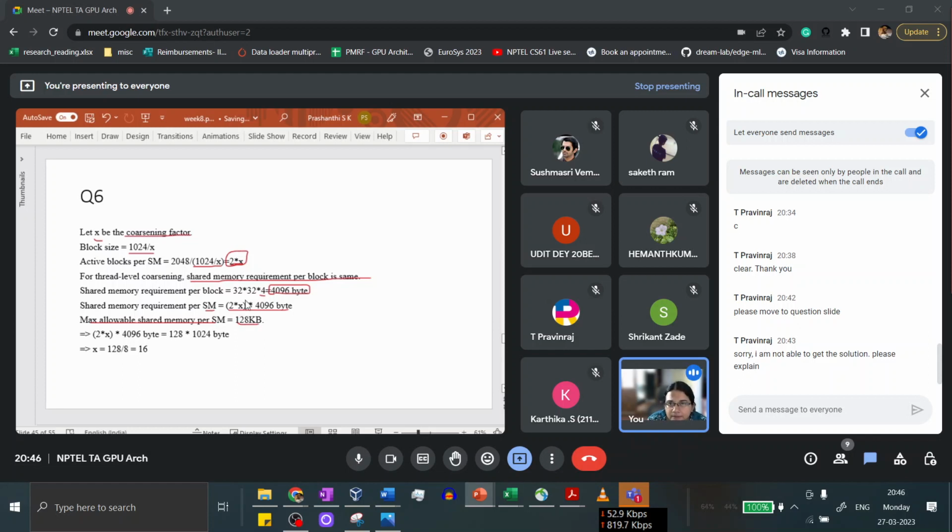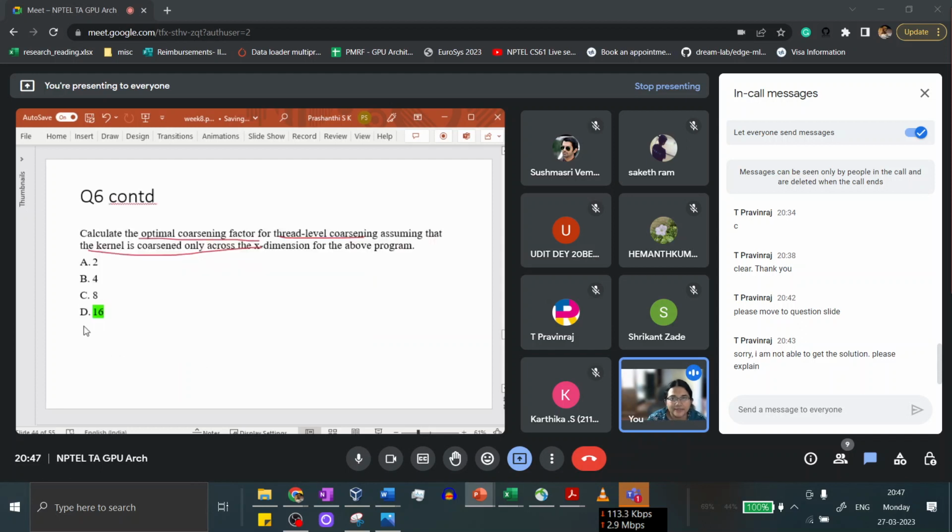Now your optimal coarsening factor would be such that 2x into 4096 is equivalent to 128 into 1024 bytes. Then you solve for x and you get x to be 16, and that comes out to your option D.